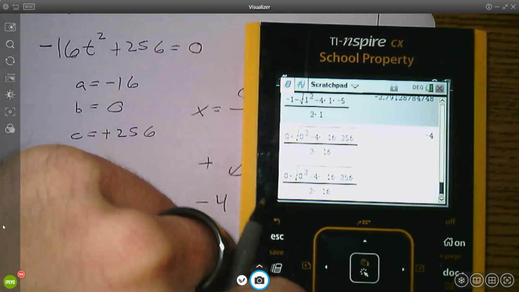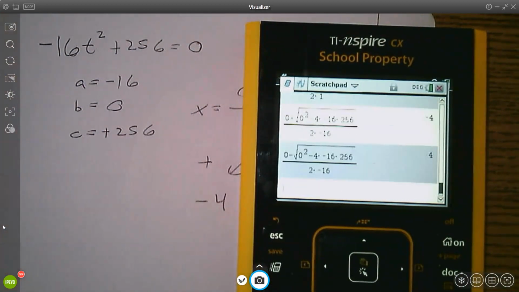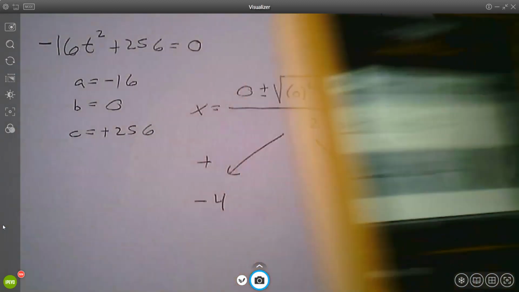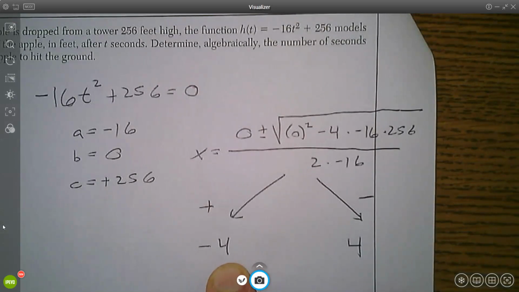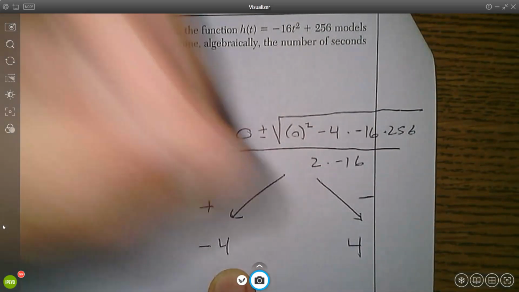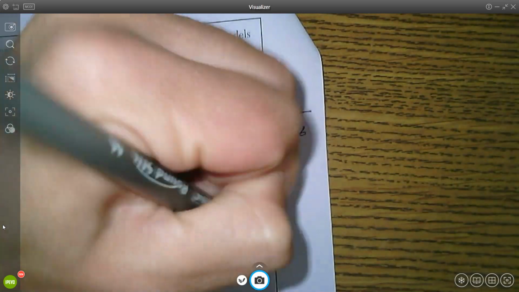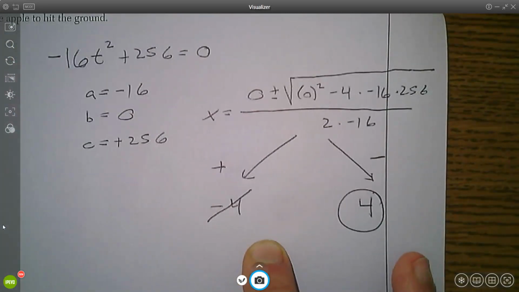Change that to a subtraction. And positive 4. Well, time, we're not going to go back in time before the apple was dropped, so that's out. We're going to reject that answer. And the correct answer here is going to be 4 seconds. It takes the apple 4 seconds to hit the ground.